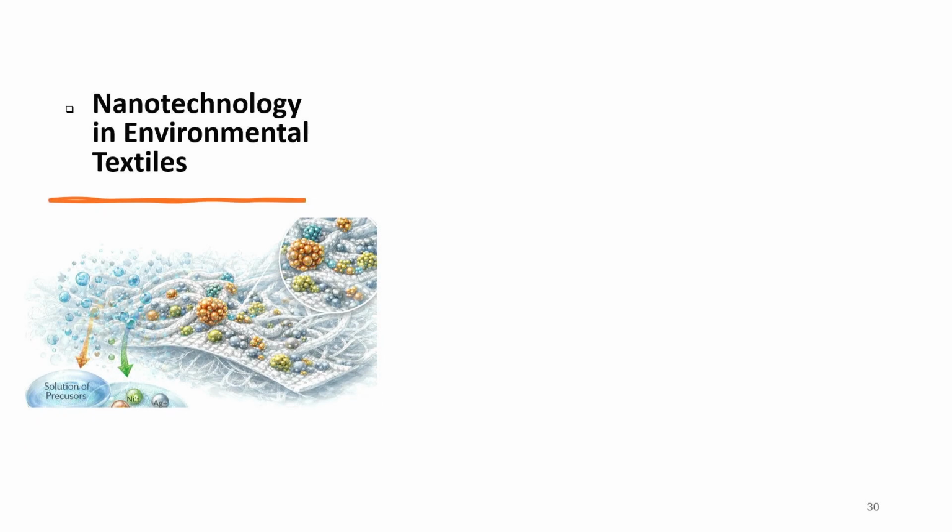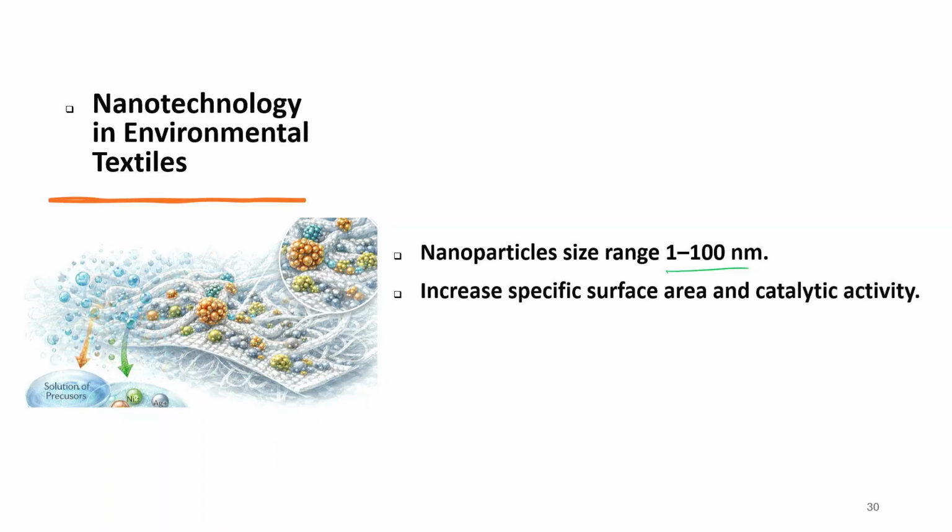So, nanotechnologies are widely used in water pollution control and water filtration systems. Nanoparticles range from 1 to 100 nanometer. In that range, the specific surface area, the total surface area per unit volume, increases.